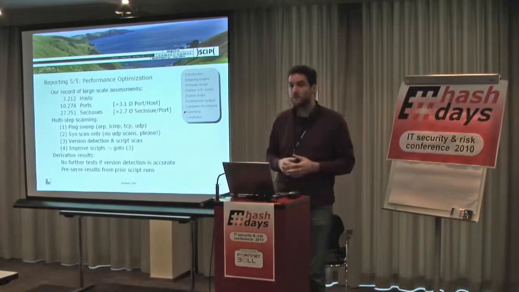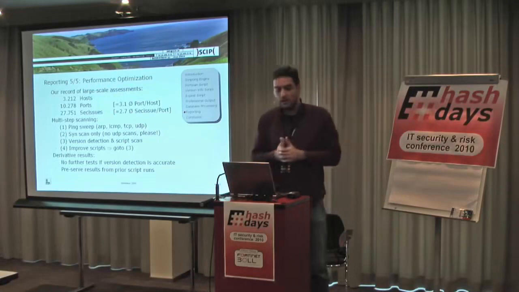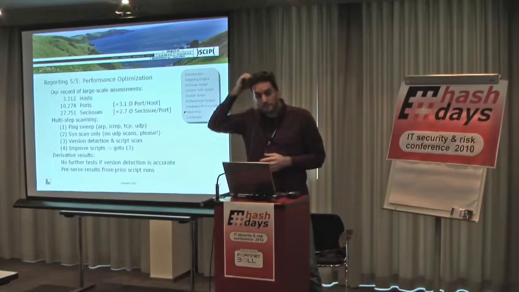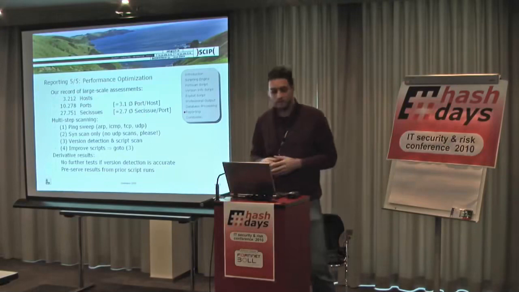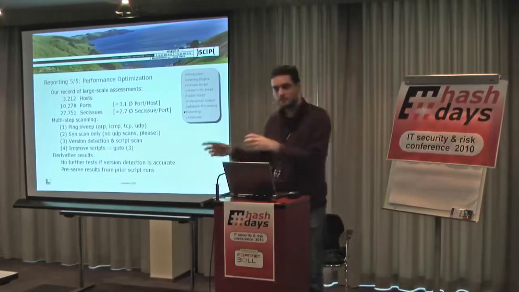And to optimize the performance, we have 2 approaches. We use derivative results. That means if a version detection is very accurate, we can say, of course, because of this version detection, there must be this vulnerability.